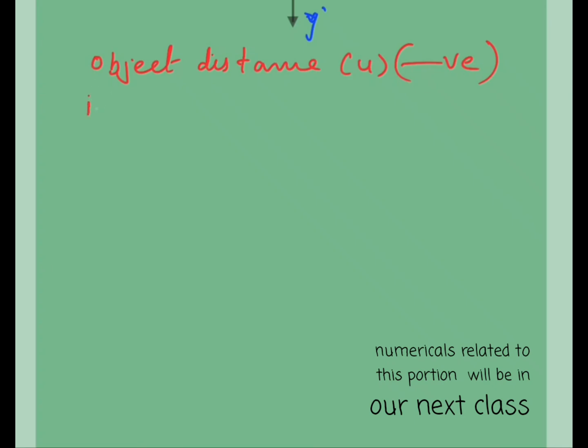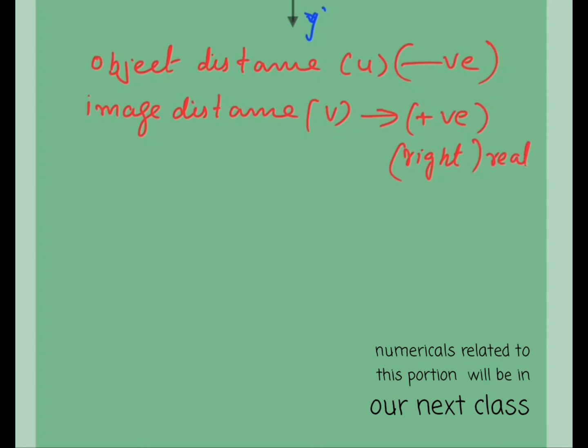Then image distance v will be positive if the image is on the right side. So right side means the image will be real.